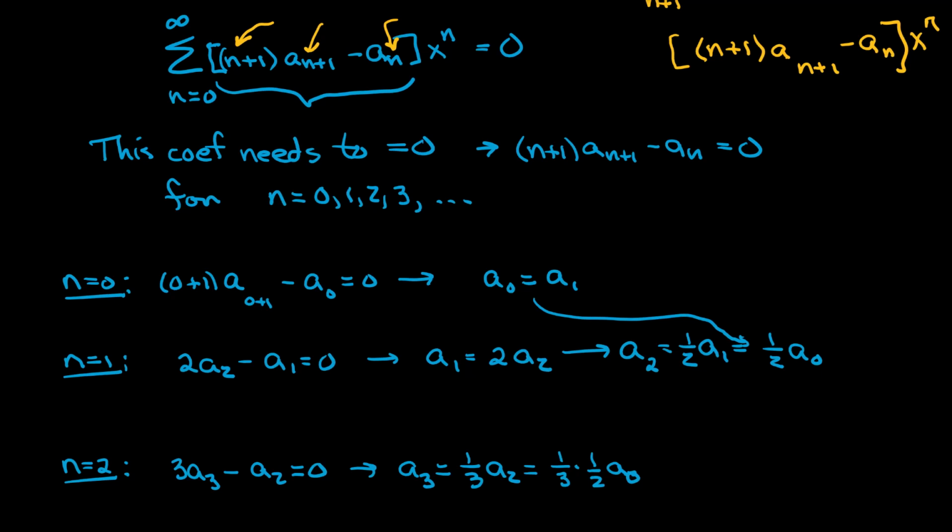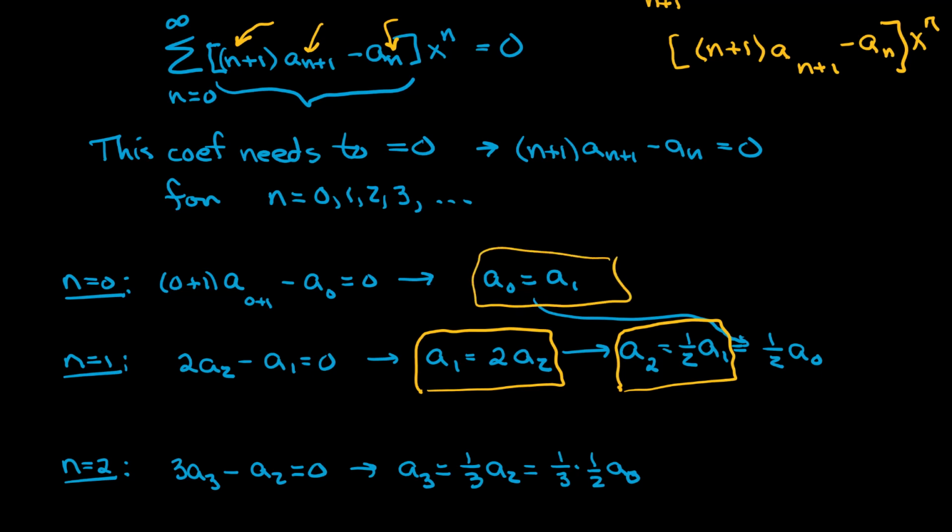Now, in this case, I can solve for a sub 1, and I get a sub 1 is equal to 2 times a sub 2. If I then solve for a sub 2, it's going to be 1/2 a sub 1. The nice thing about knowing what a sub 2 is in terms of a sub 1 is I can replace the a sub 1 with a sub 0 from up here in this previous line of work.